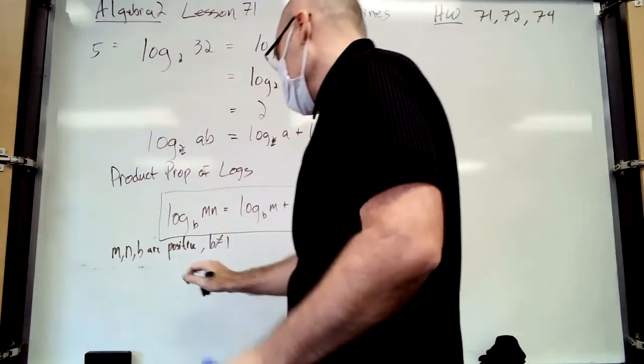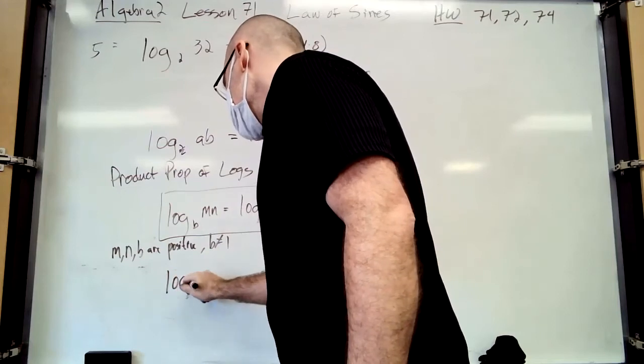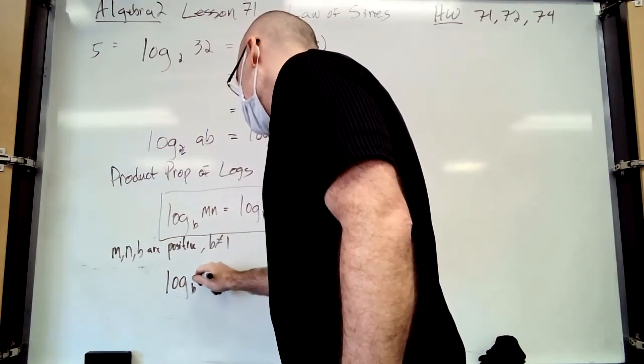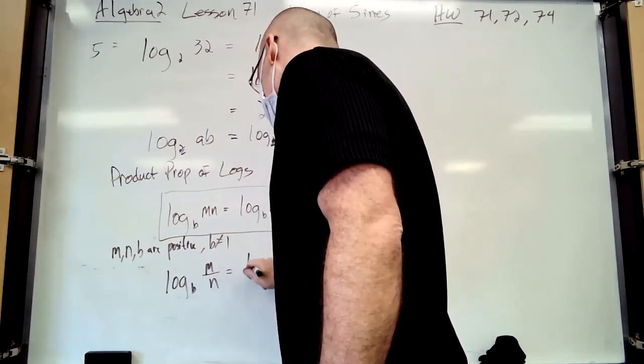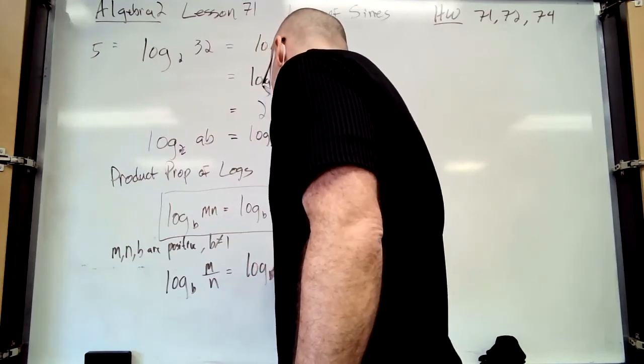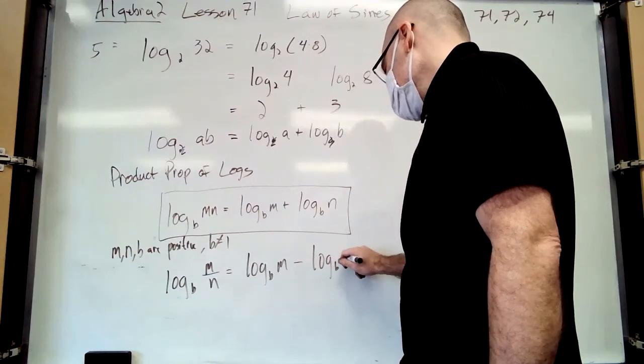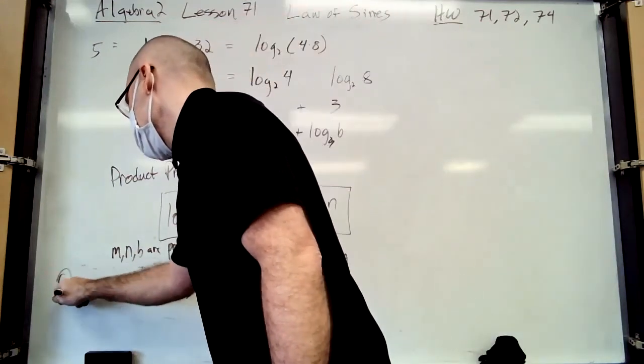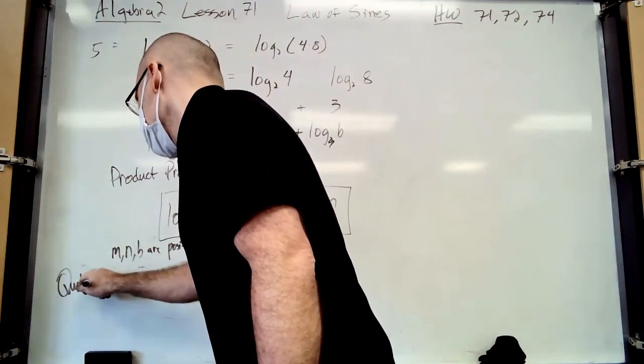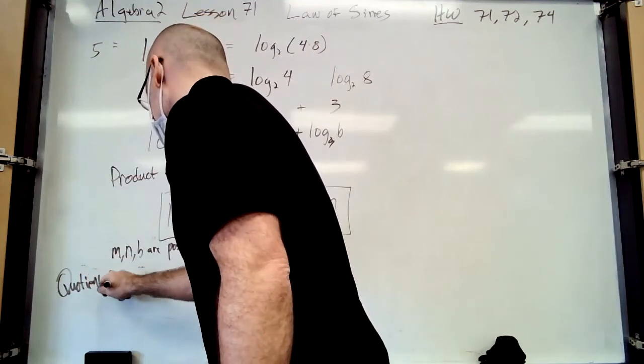You subtract them. So log base b of m over n equals log base b of m minus log base b of n. This is the quotient property.